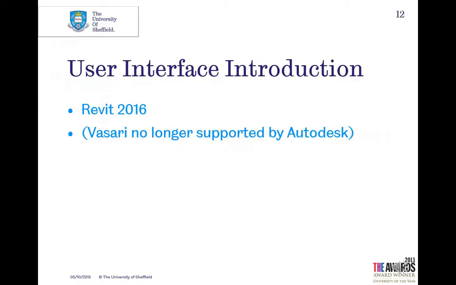Vasari, as I mentioned earlier, Autodesk are no longer supporting it, so we've decided to get rid of it. Equally, another old product, Ecotect, which, anybody here used Ecotect? Yeah, a few of you. We made a decision a few years ago not to support Ecotect anymore. Autodesk have not supported it for many, many years. It's not been updated, and in fact I believe you can't now download it.